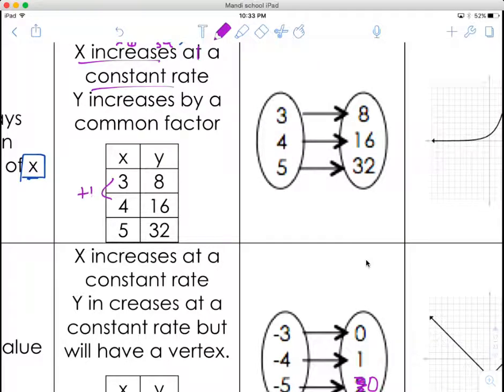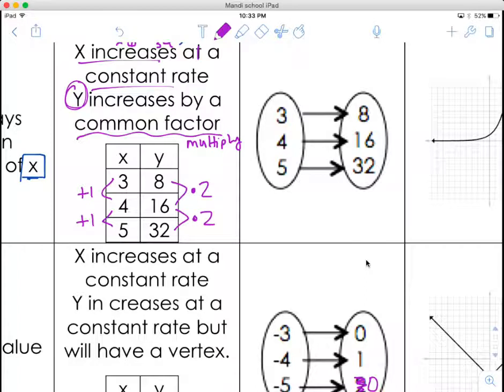So that goes up 1. That goes up 1. But y increases by a common factor. This means multiply. So this is times 2. 2 times 8 is 16. 16 times 2 is 32. So this increases by a common factor, which makes it exponential.